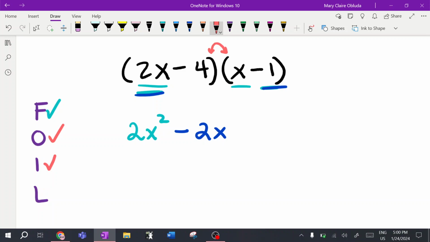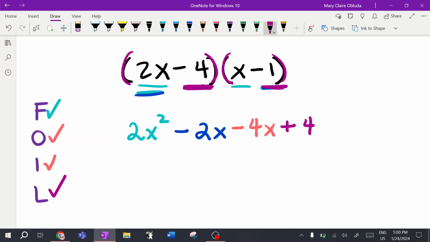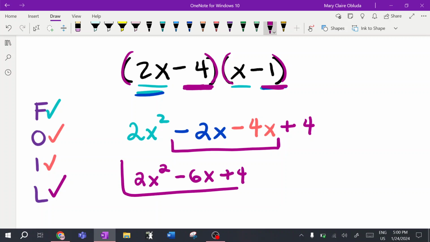So negative 4 times x is negative 4x. Let's do the last. The last term in this expression and the last term in this expression, we get positive 4. Again, you'll notice using this method that the middle two terms are like terms, so they can be combined. So we get 2x squared minus 6x plus 4 as our final answer.